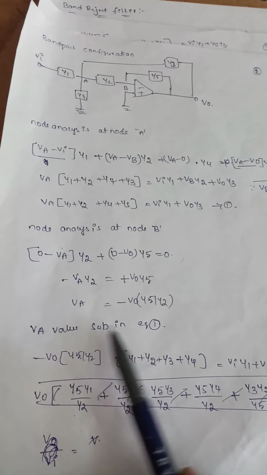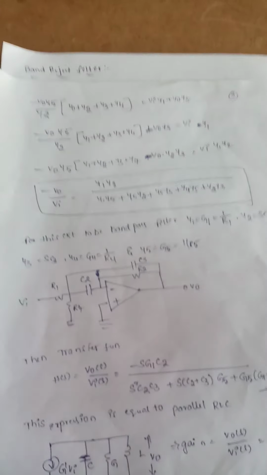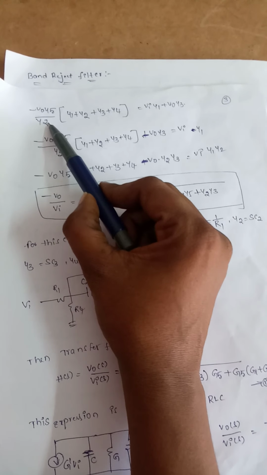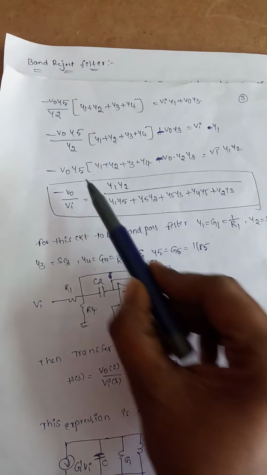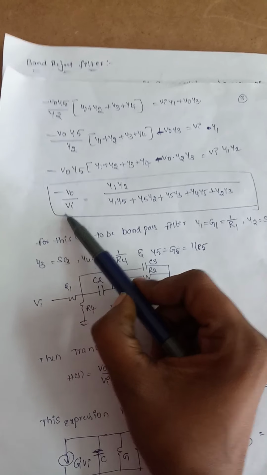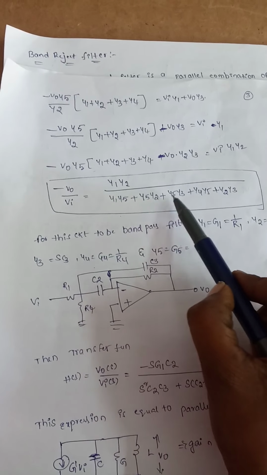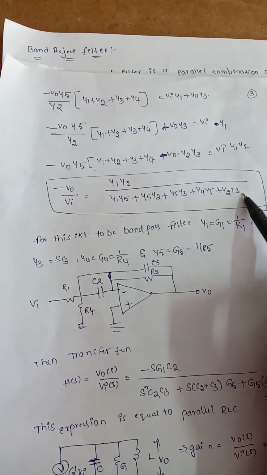Substitute the VA value in the above equation number 1, and the equation will be like this. Next, minus V0 by VI is equal to Y1 Y2 by Y1 Y5 plus Y5 Y2 plus Y5 Y3 plus Y4 Y5 plus Y2 into Y3.